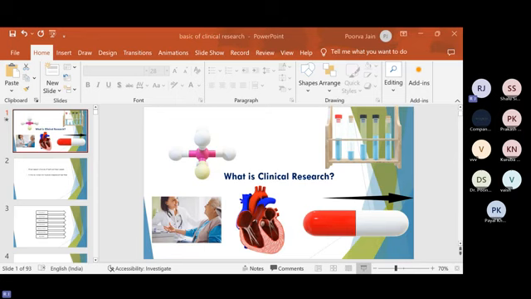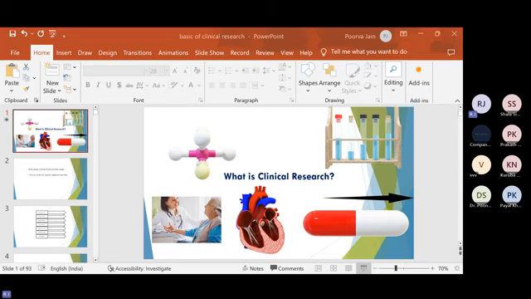And the last one is genetic studies. With the name itself, you can understand we are trying to identify the genetic link with the disease.